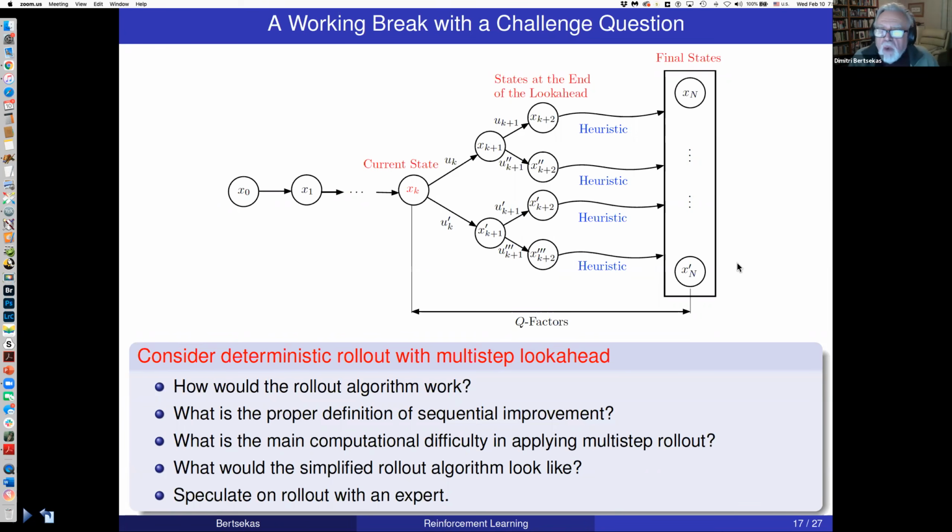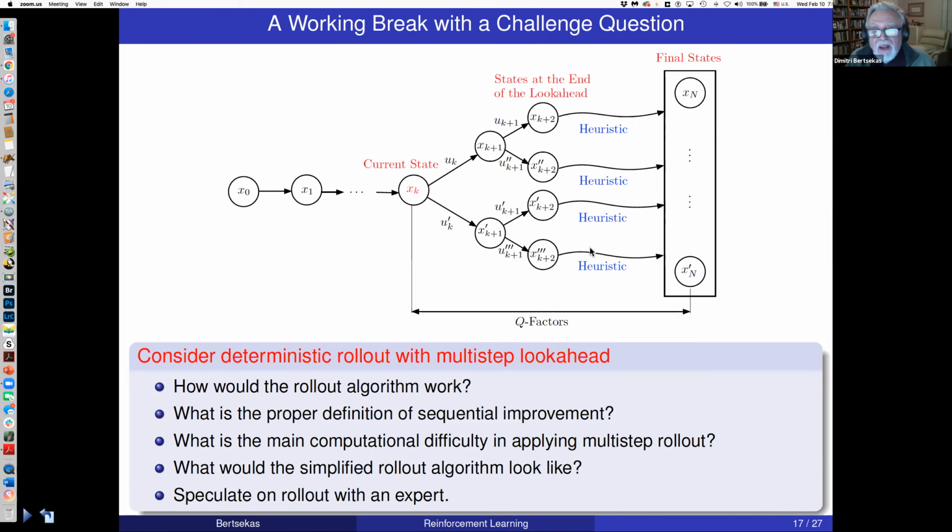It's just a question of where you start the heuristic, the definition of the heuristic. So this is two-step look ahead involving this heuristic. But suppose I start the heuristic right here, and call heuristic the last stage plus the heuristic. From then, that would become one-step look ahead.